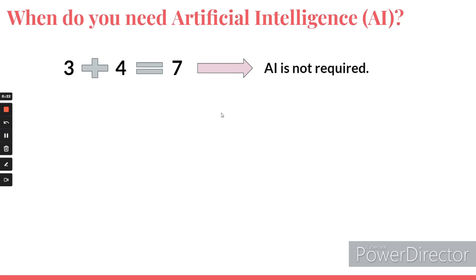The answer is no. We could just define a function that takes two integers as inputs and adds them, which would be shown in the output. The key takeaway here is that when you know the step-by-step process on how to get an output for a given input, we don't need AI.